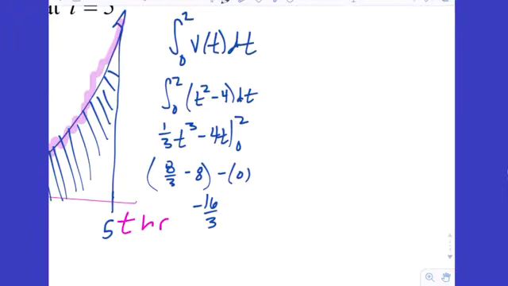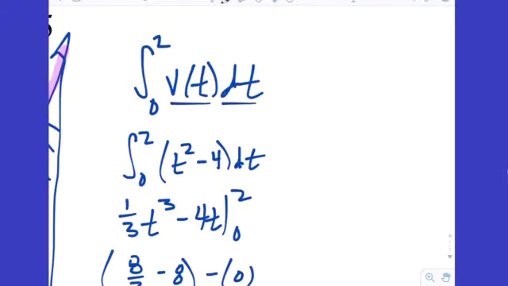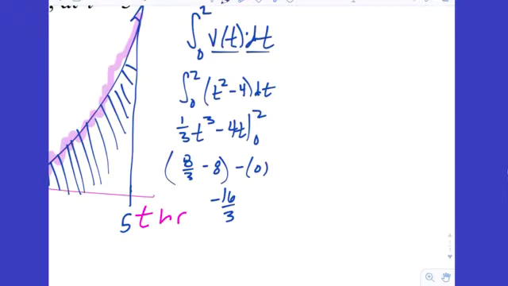Now, you always want to get in the habit of putting units on your final numeric answers for these applications. What would be the units of that? Miles, yeah. When in doubt, just look at your integral. You're doing v of t times dt. So it's units of velocity in miles per minute or miles per hour times time in hours. You get miles.